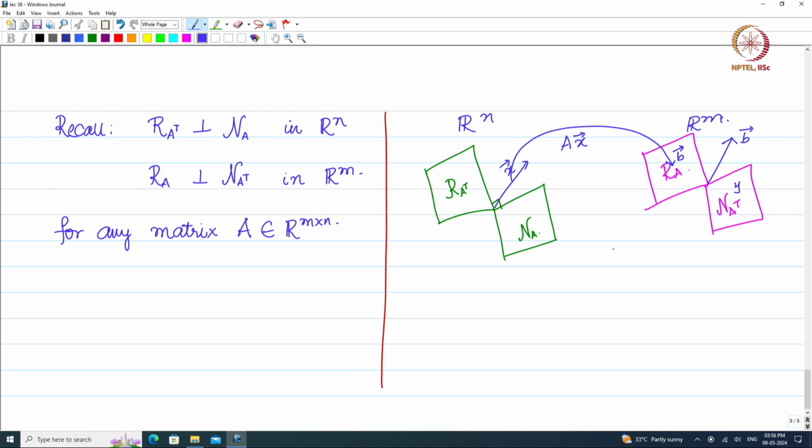The interpretation is that we will be able to find scalars x1, x2, ..., xn such that b can be written as a linear combination of the columns of A. It simply meant b must be an element of the range of A. The consistency condition b dot y is equal to 0 simply says that b must be in the range of A. Whenever b is in the range of A, b dot y, for y corresponding to the solutions of the homogeneous system A transpose y is equal to 0, will be 0.